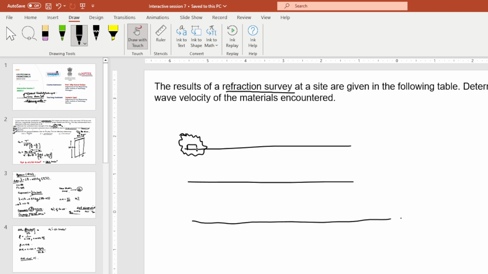So the speed of these seismic waves will be different for different strata based on the density and porosity of that strata. Okay, so we have receptors here.